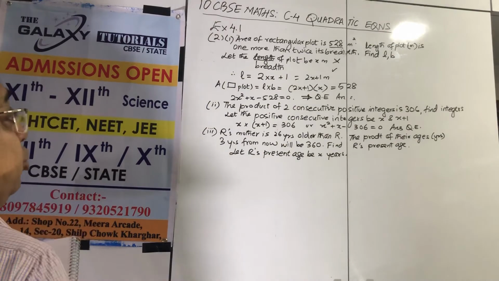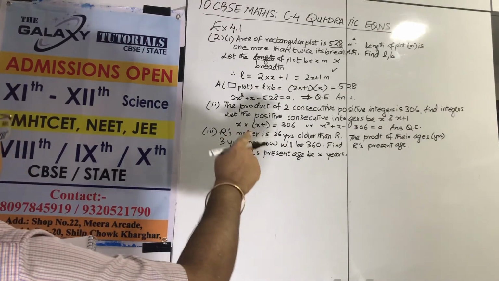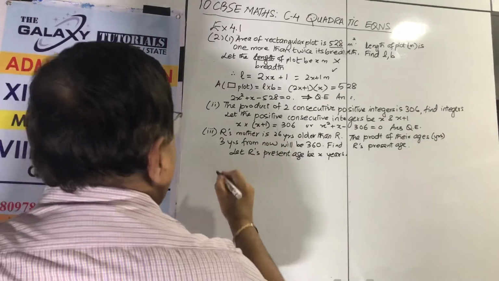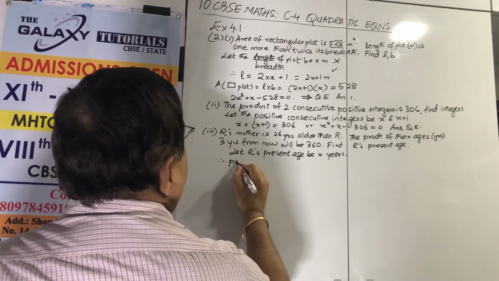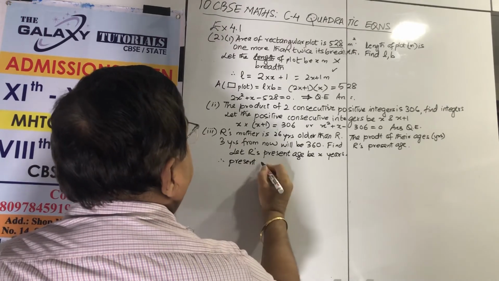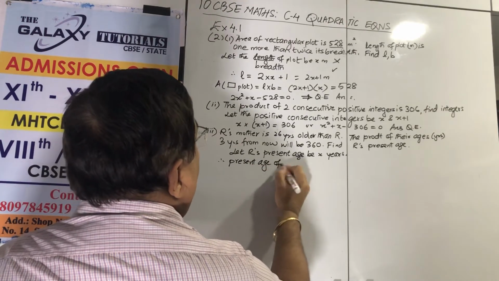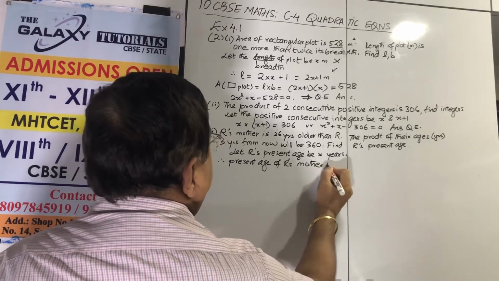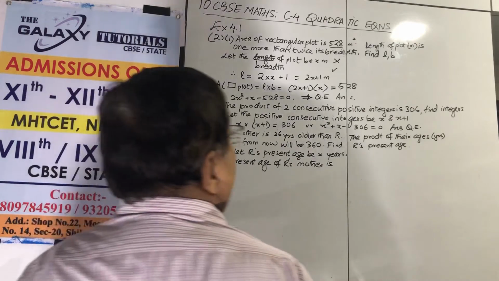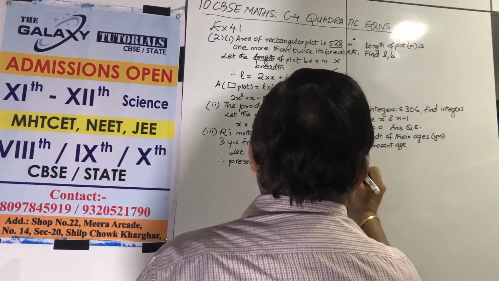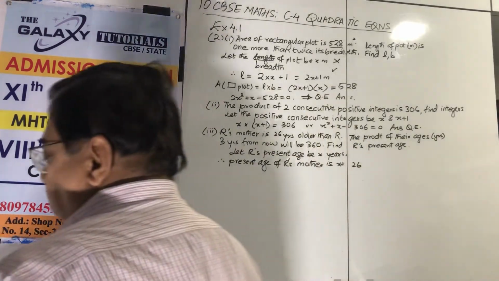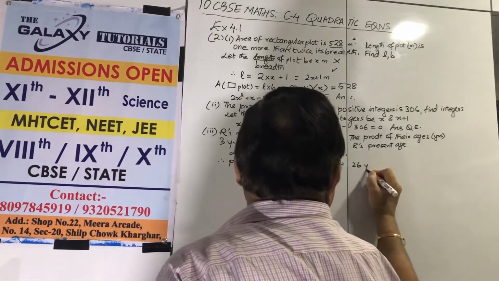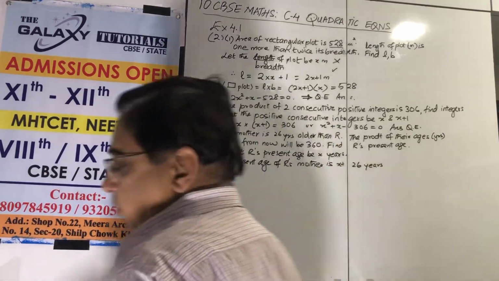Rohan's mother is 26 years older than Rohan. Therefore, present age of Rohan's mother is x plus 26 years.